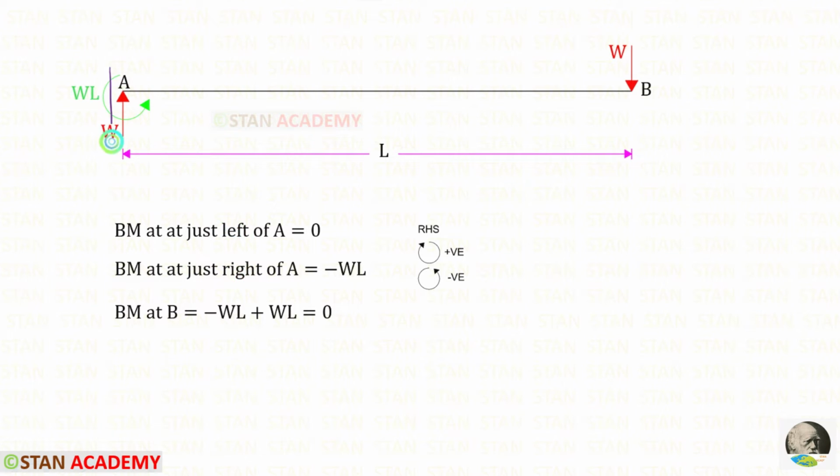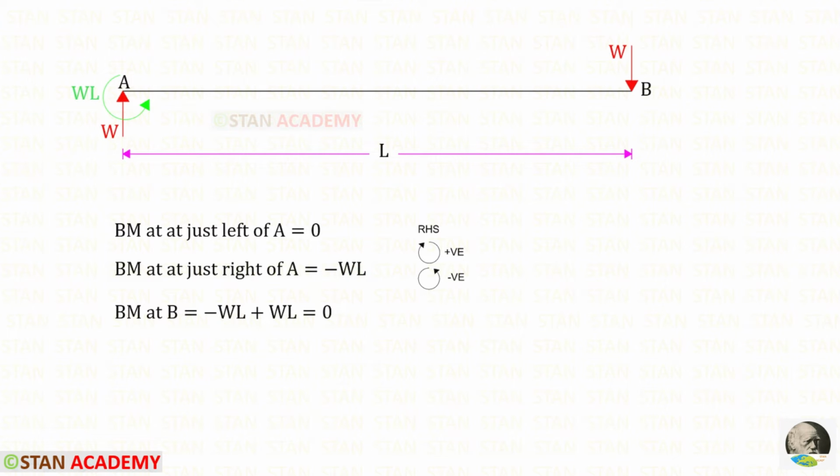At just left of A, there is nothing, so the bending moment will be 0. At just right of A, we have the moment and the vertical reaction. But for the vertical reaction, there is no distance, so we should not consider this. The moment is acting in the anti-clockwise direction, so it will be negative.